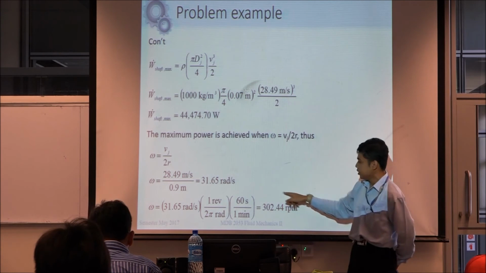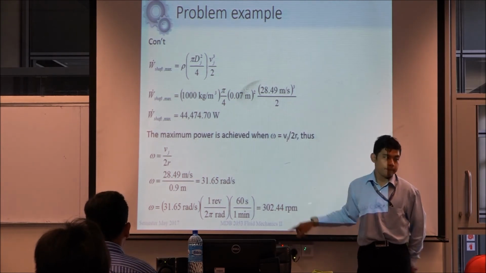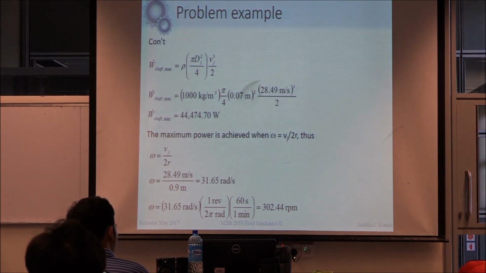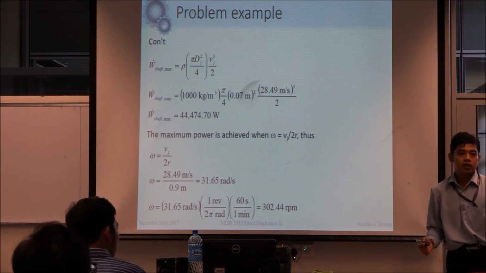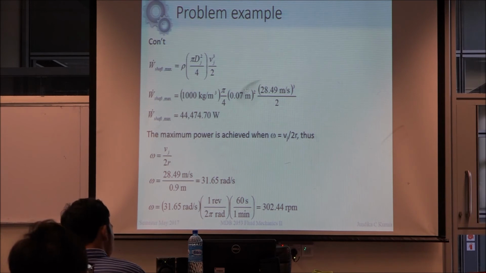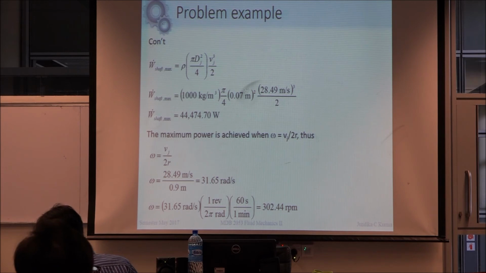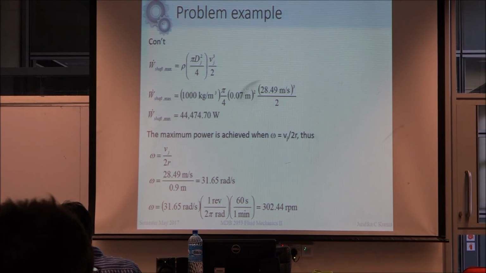And once you get your omega, you can calculate the RPM. Because 1 rev is equal to 2 pi radian. So if you have 1 revolution per minute, you have 2 pi rad per rev times 1 over 60 seconds per minute.